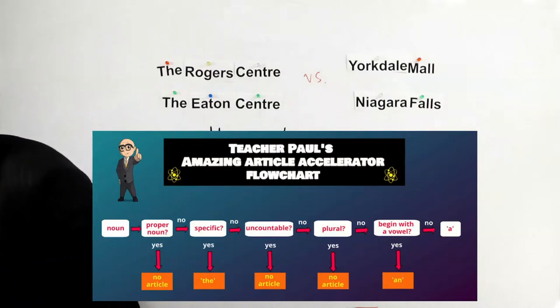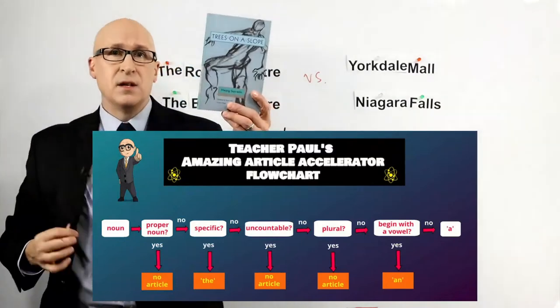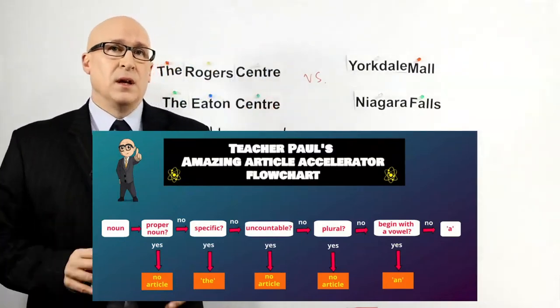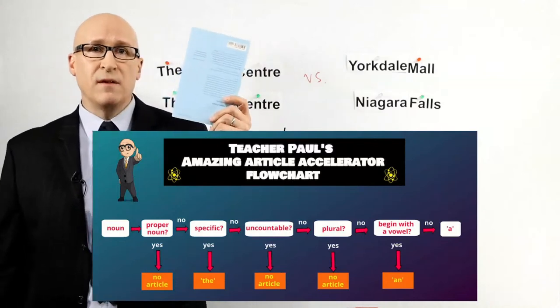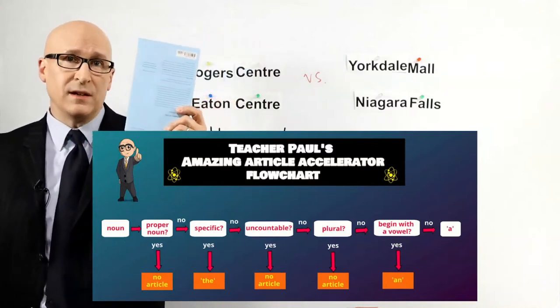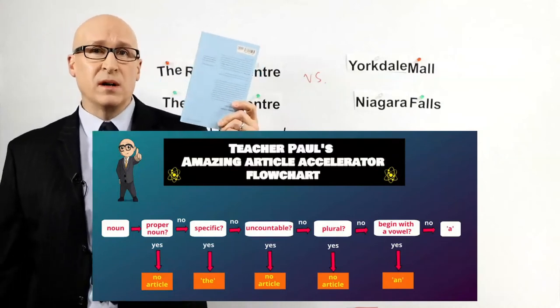Okay? Let me show you another book that's not specific. Let me just get an example. Okay, this book is Trees on a Slope. But let me imagine we didn't show you the cover, so you don't know the specific title. Is it a proper noun? No. Is it specific? No, it's just a book.